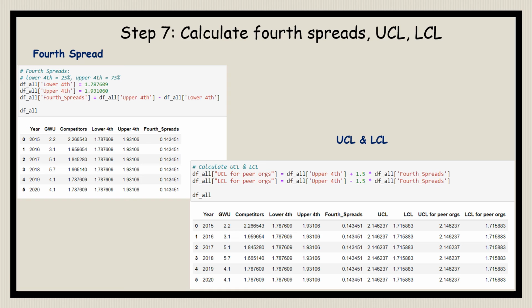We calculate the fourth spread by subtracting the lower quartile from the upper quartile. The upper control limit for the peer organization is calculated by adding the upper quartile to 1.5 times the fourth spread. In the same way, the lower control limit is calculated by subtracting 1.5 times the fourth spread from the lower quartile.